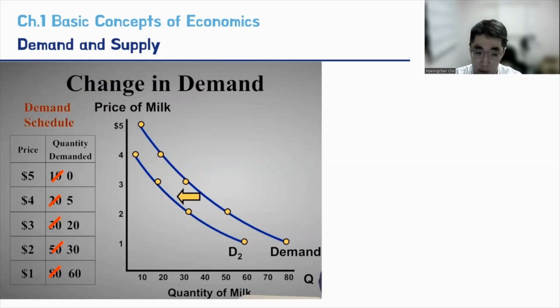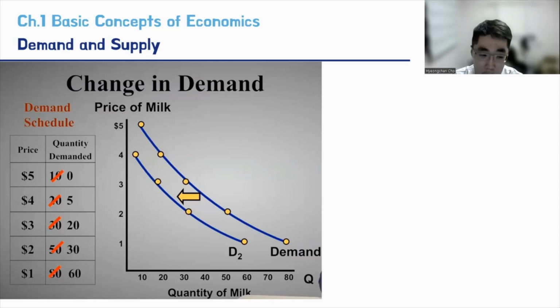So let's check that. At price 5, before that people wanted a quantity demanded of 10 milks, but after the negative news comes out, they want 0 milk at price 5.